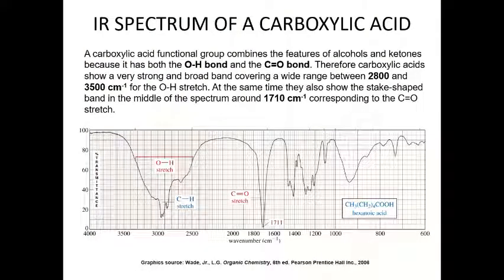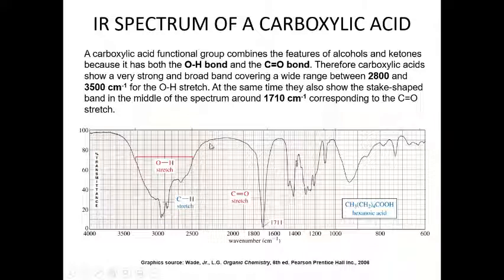In the carboxylic acid case, this functional group combines the features of alcohol and ketone because it has both the OH bond and the carbonyl bond. Therefore, the carboxylic acid shows a very strong and broad band covering a wide range between 2,800 and 3,500 inverse centimeters for the OH stretch.